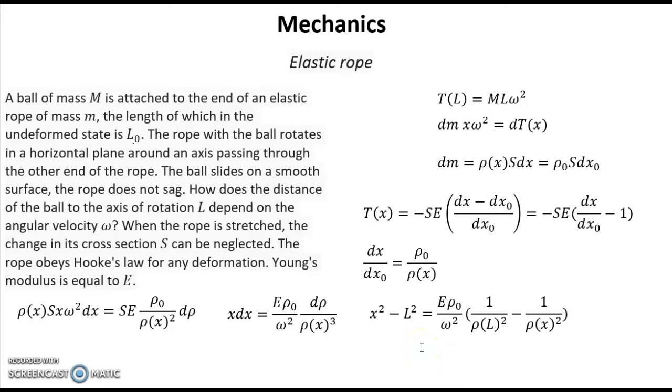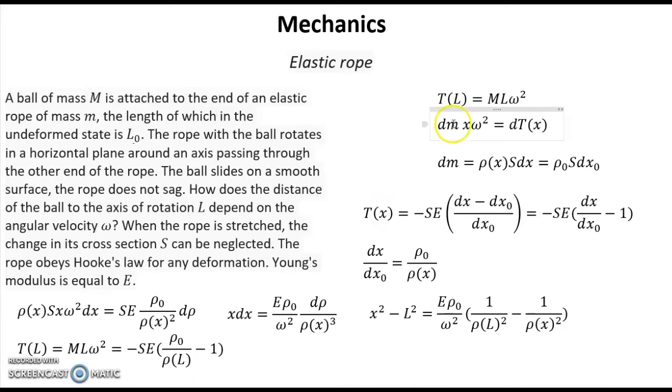And now let's use this knowledge and use this expression for tension when we put here rho 0 over rho at point L. So now we can write the expression for tension at point L.